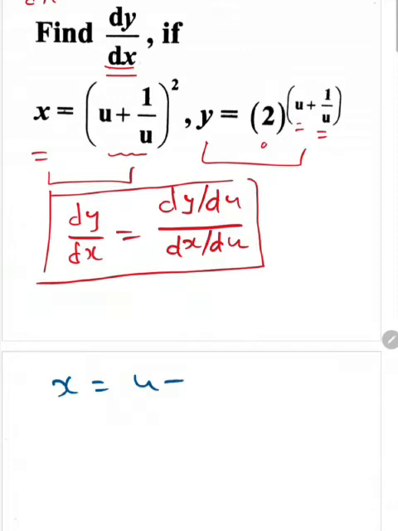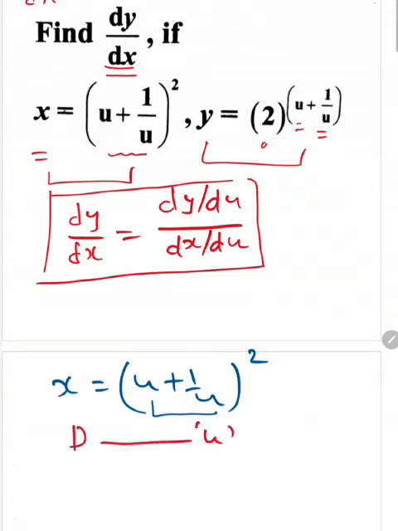We have x is (u plus 1 by u) the whole square. Now it is like chain rule here, x square and your x is u plus 1 by u. So if I differentiate with respect to u, very important to understand here, I am going to differentiate with respect to u. So what I get on the left hand side is dx upon du.